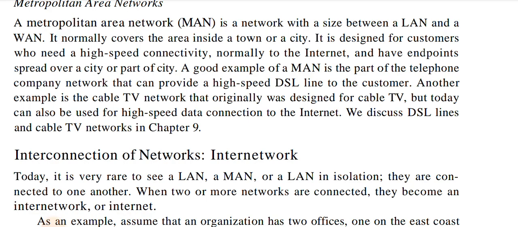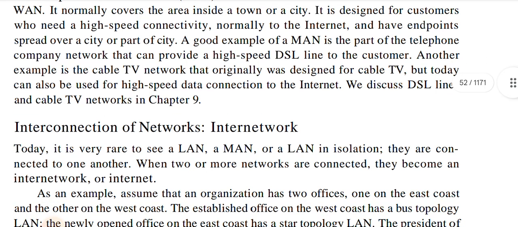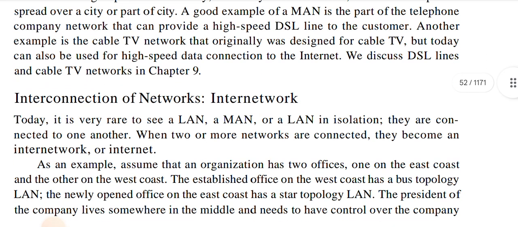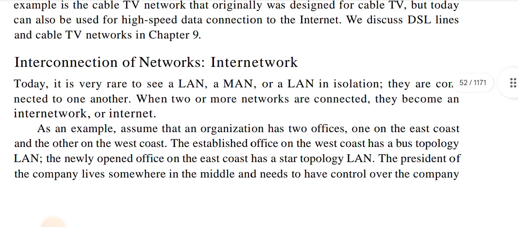Interconnection of networks: internetwork. Today it is very rare to see a MAN or a LAN in isolation. They are connected to one another. When two or more networks are connected, they become an internetwork, or internet.